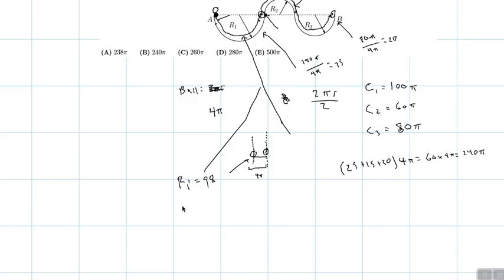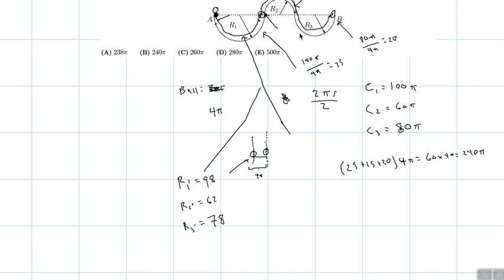And R2 prime is going to be 2 more than this, so it's going to be 62. And R3 prime is again a slightly smaller arc radius, 2 less than 80, so 78.